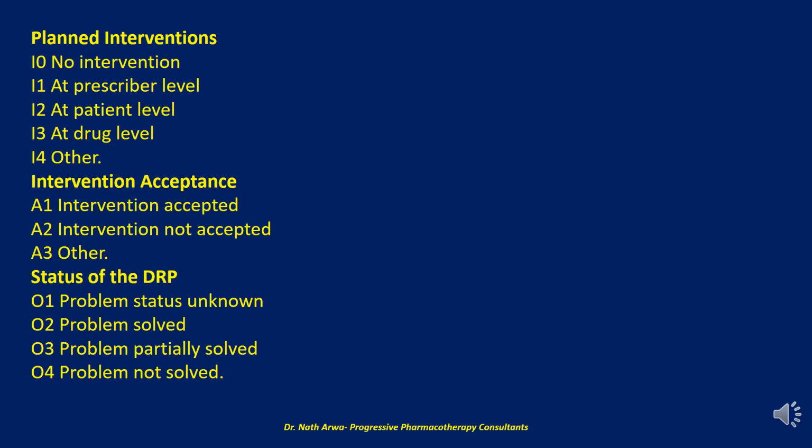A2 signifies intervention not accepted. A3 signifies others. Regarding the status of the drug-related problem, O1 signifies problem status unknown. O2 signifies problem solved. O3 signifies problem partially solved. O4 signifies problem not solved.